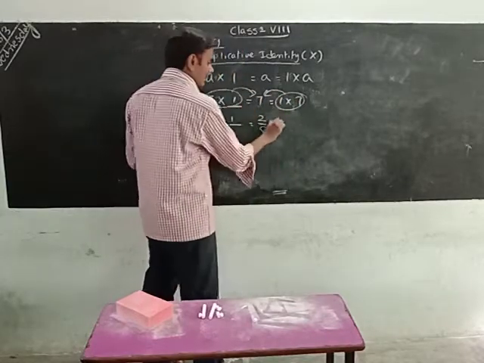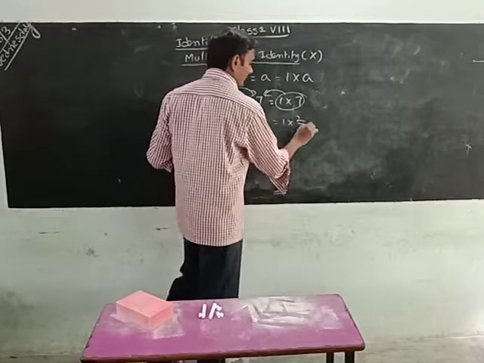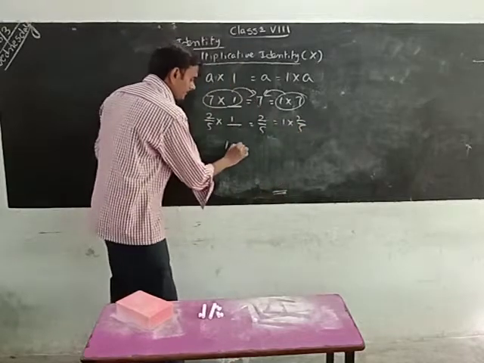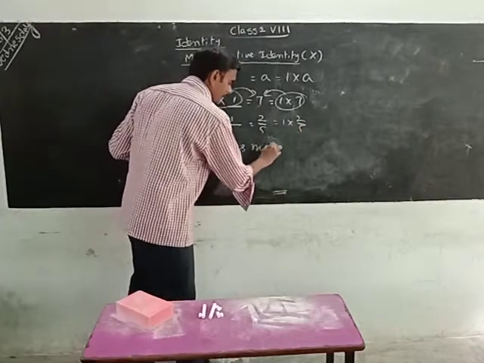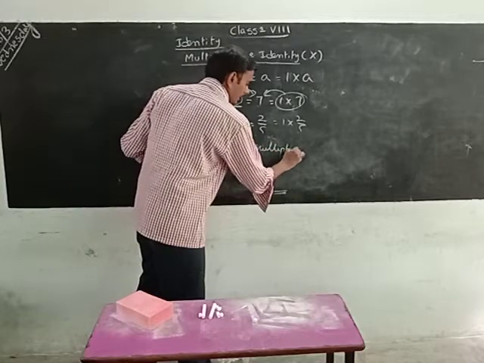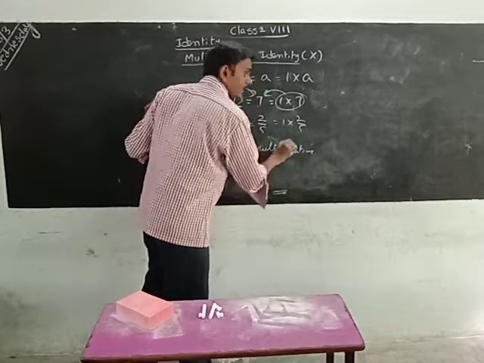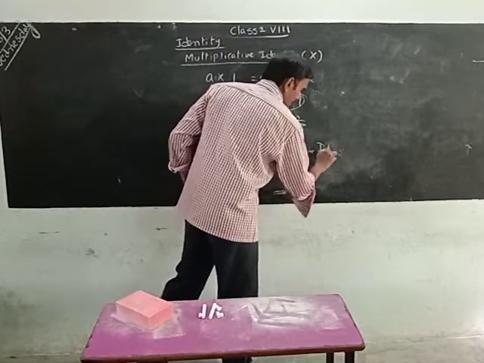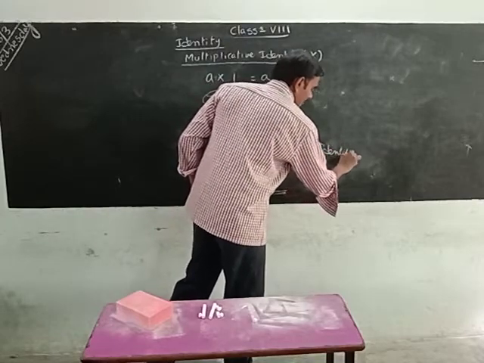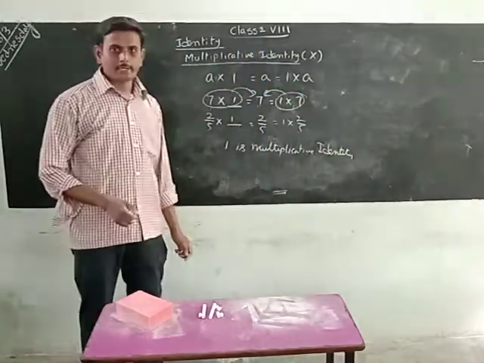Similarly, 1 into 2 by 5 is 2 by 5. The 1 is called the multiplicative identity.